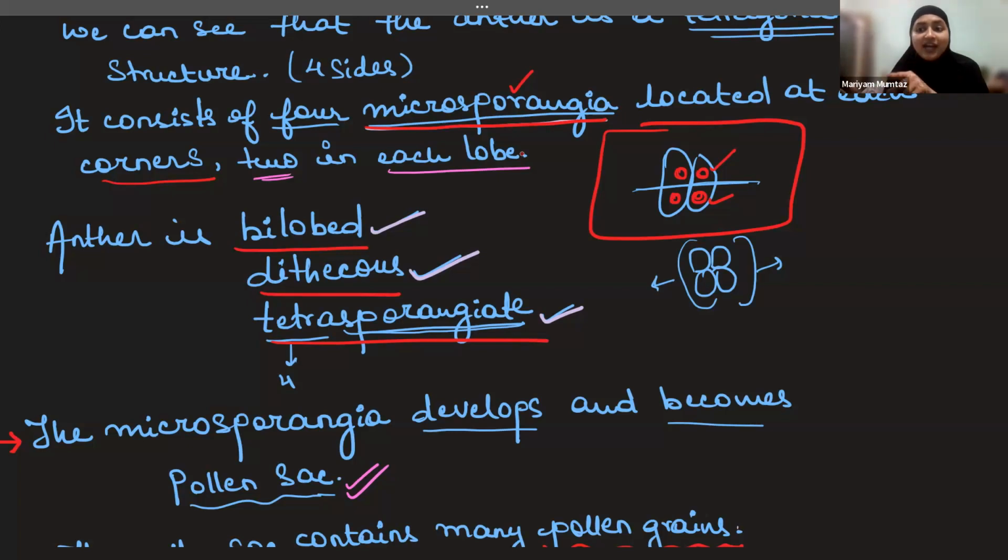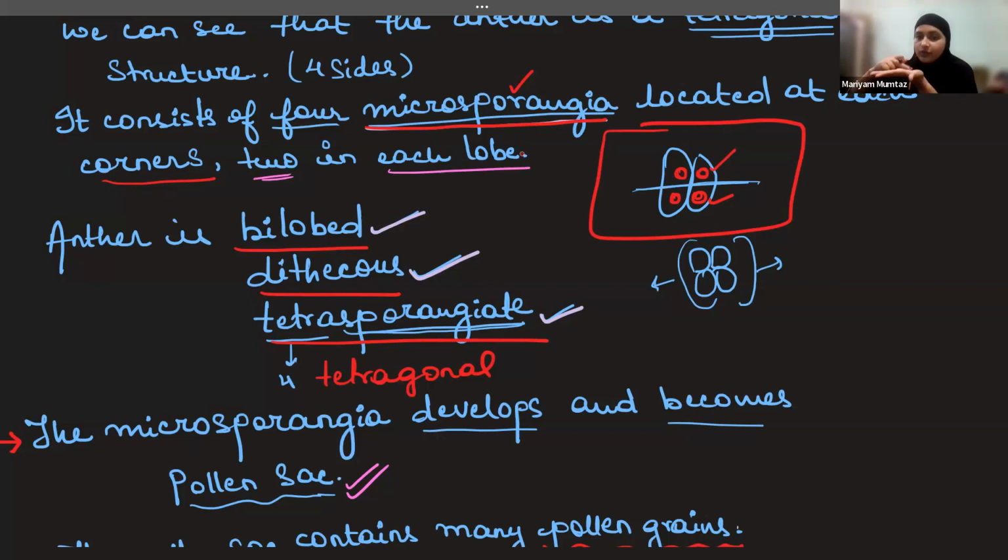Tetragonal was there, now tetrasporangiate. Why? Because 4 microsporangia are there. Tetragonal is the shape: when we cut a transverse section, we find that there are 4 sides to it. That is why we call it tetragonal.